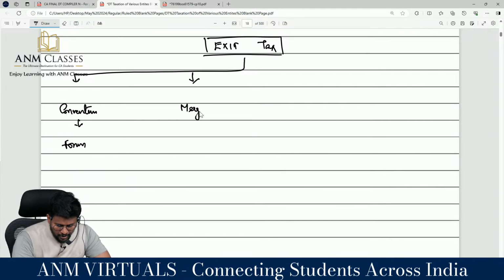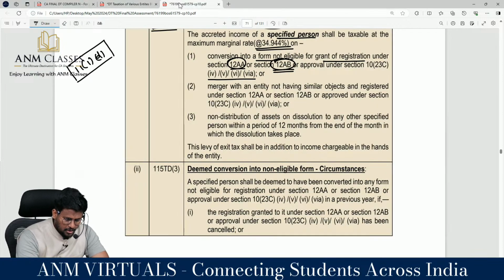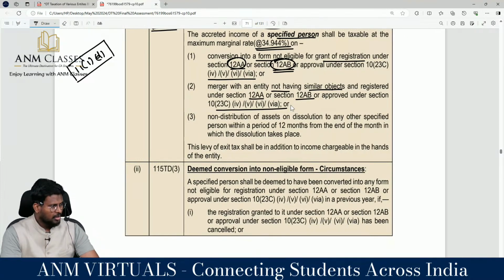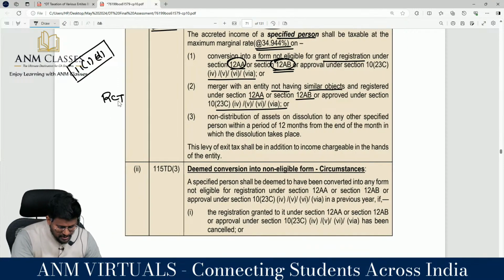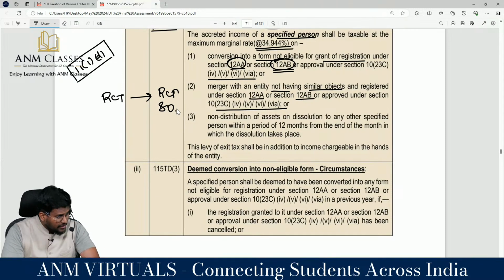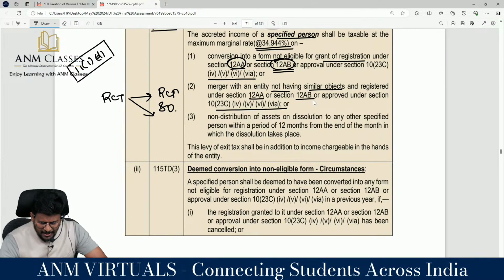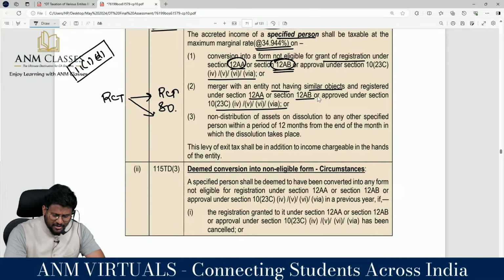The next mistake you have done is merger. You have merged with an entity not having any object and registered under 12AA or 12AB or approved under 10(23C) class 4, class 5, class 6. Either you merged with a registered charitable trust not having similar object, or you merged with an entity not registered under 12AA, 12AB or 10(23C) series.